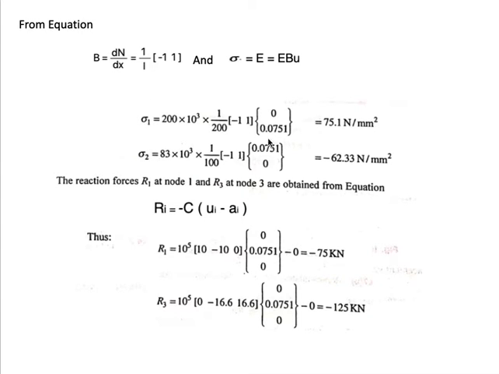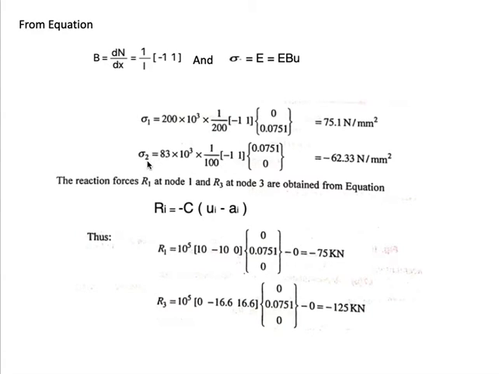At node 2 the displacement is 0.0751. If you solve this, we will get 75.1 Newton per mm square.